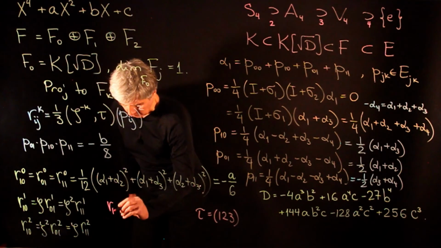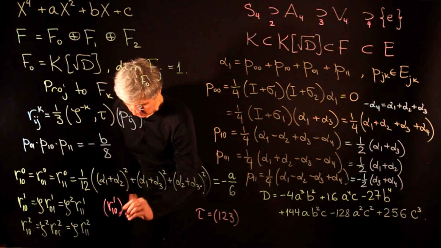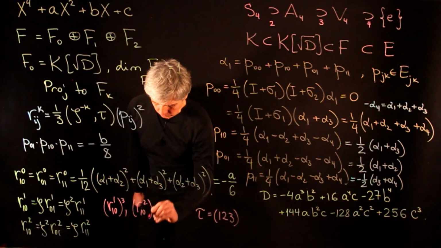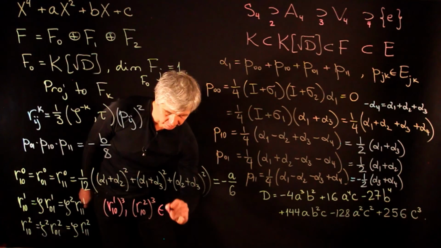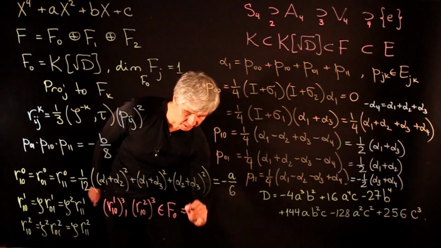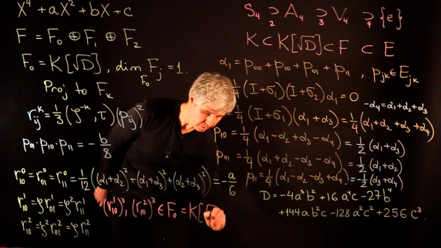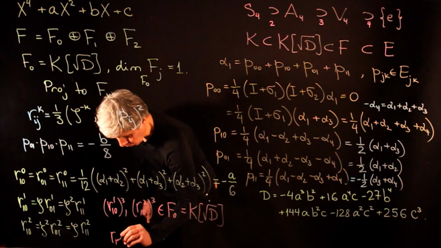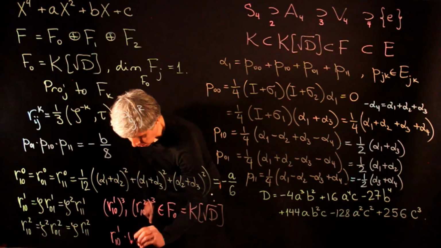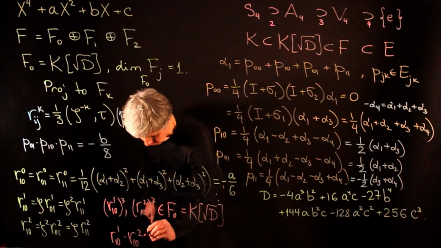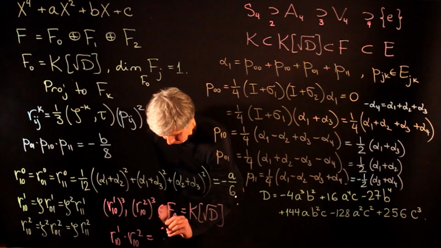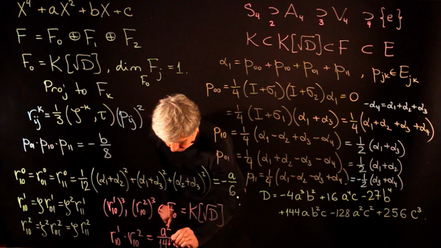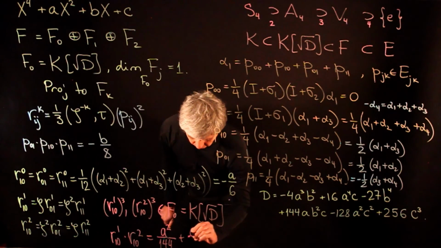So we have R101 cubed and R102 cubed belongs to F0, which is K with square root of D, whereas the product R101 times R102 in fact belongs to the ground field and is equal to A squared over 144 plus C over 12.